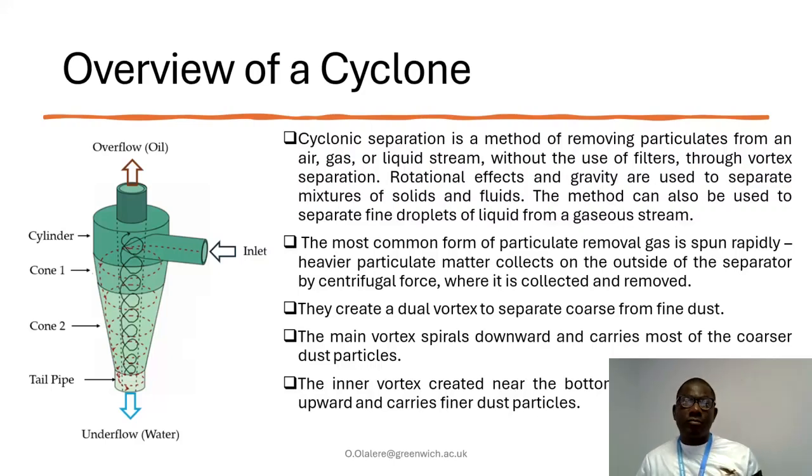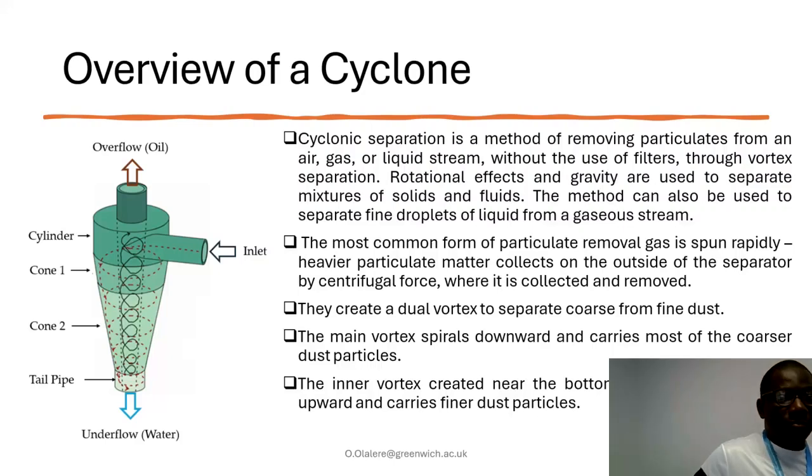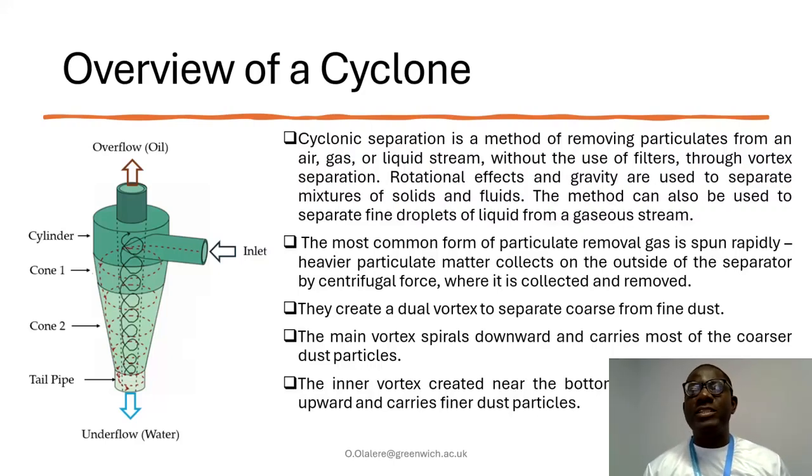Okay, now, overview of a cyclone. Cyclonic separation is a method of removing particles from an air, gas, or liquid stream without the use of filter. Through vortex separation, rotational effect and gravity are used to separate a mixture of solids and fluid.